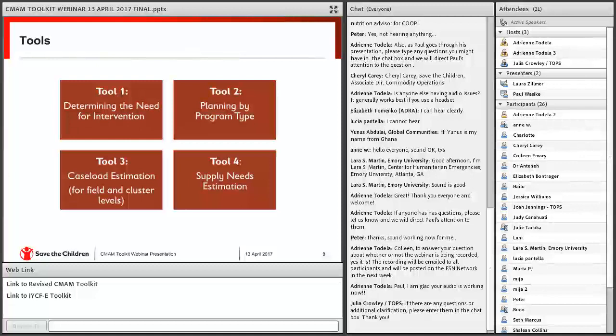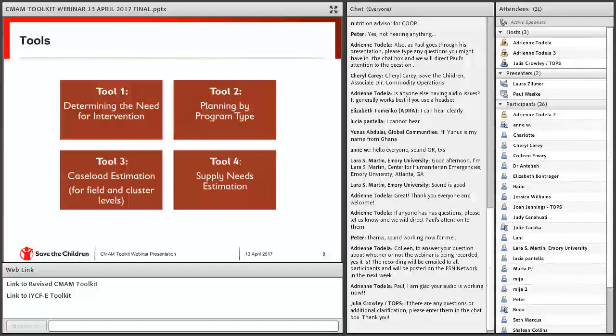Then the third tool is caseload estimation. Also it was a fairly contentious bit, different ways of estimating caseload. We have some methodologies that are proposed by the lead agencies, some proposed by key agencies in the implementation of certain aspects of CMAM.